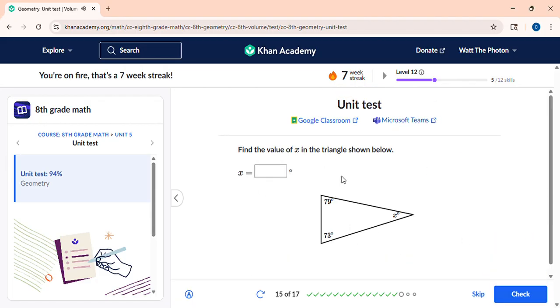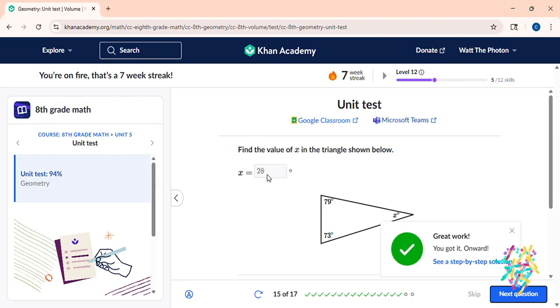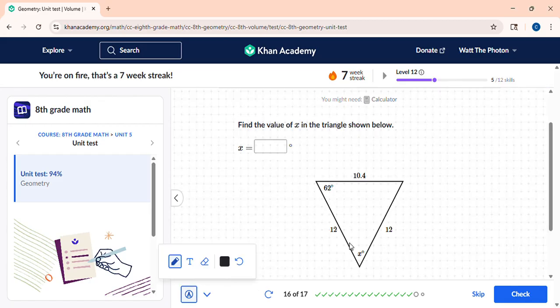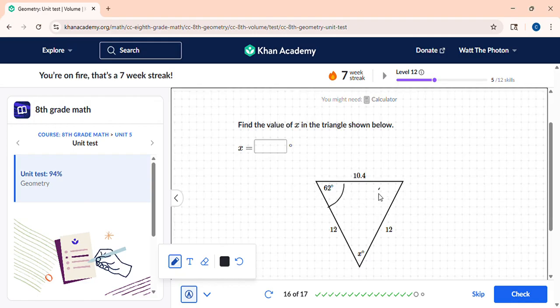Find the angle x. So we have 79 plus 73 minus 180. That gets us 28. So these two angles must be the same because these lengths are the same.